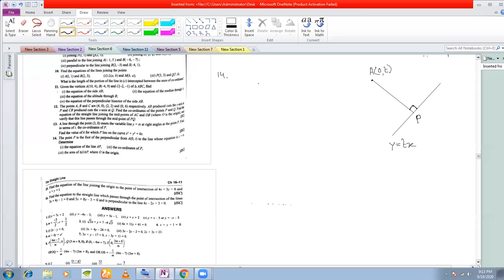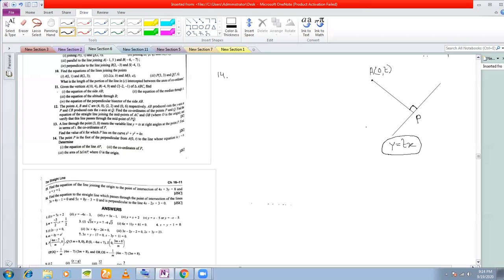Now see, in order to find the equation of the line AP, what do you need? You need a point on the line AP, which you already have, (0, t). And what else? You need the slope of AP. You will definitely get it because you know the equation of this line, y is equal to tx. The slope of this line is t.